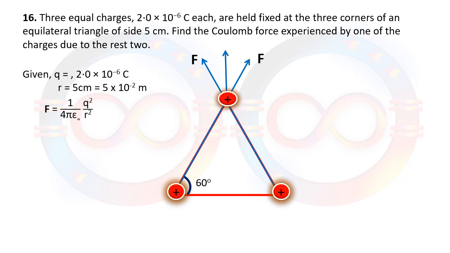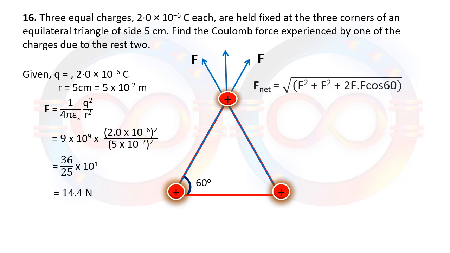We are going to calculate the value of F, that is the force between any two charged particles. By applying Coulomb's law, we can take the value 9 into 10 raised to 9, charge 2 into 10 raised to minus 6, distance 5 into 10 raised to minus 2 whole square, and then we can calculate it as 14.4 Newton.